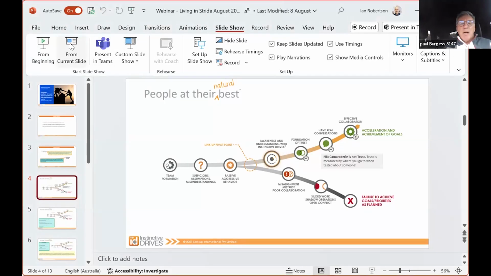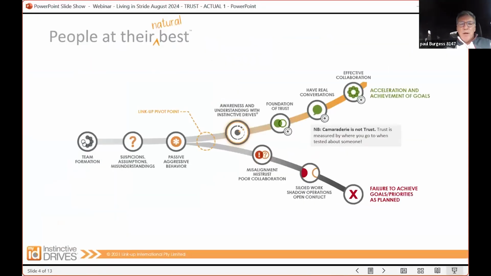What happens with teams, the natural pathway, as you can see on the slide here, is to go down that southern axis, where things get sub-optimized or fail. If you want to build a platform of trust in order to have the real conversations and genuine collaboration that drives innovation and success, there needs to be a pivot that you make.